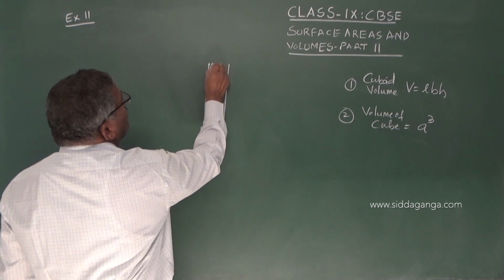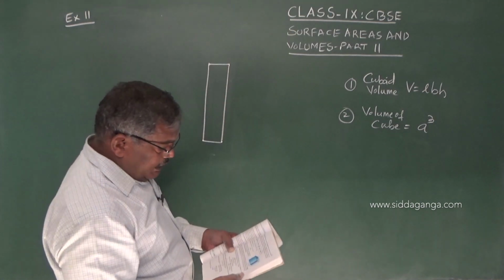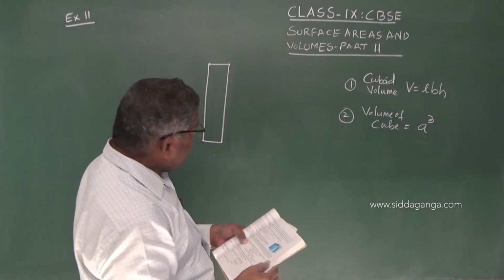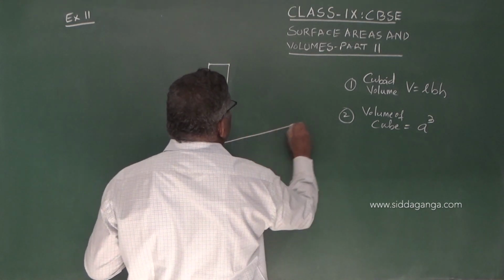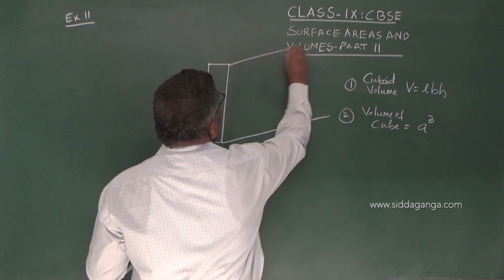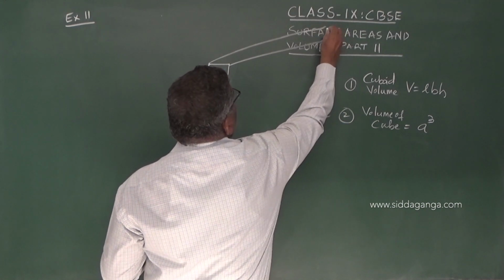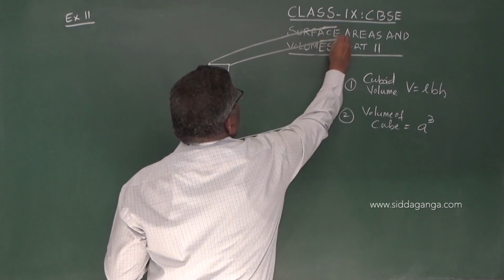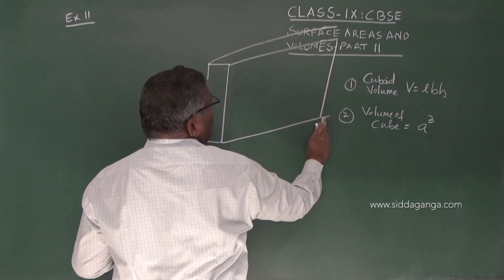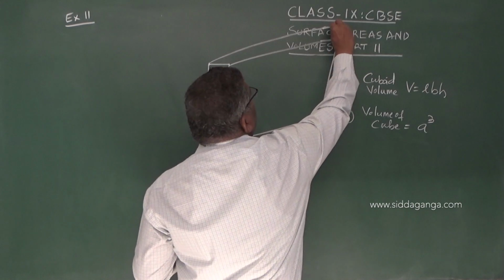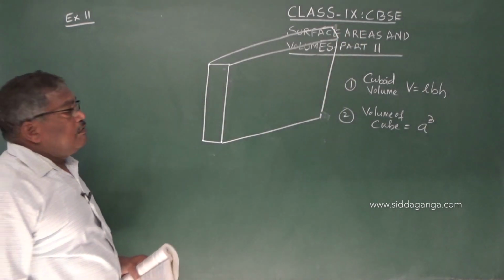This is, say, the thickness of the wall. Thickness of the wall is given as 24 centimeter and it is like this. The wall is like this. Try to understand this.